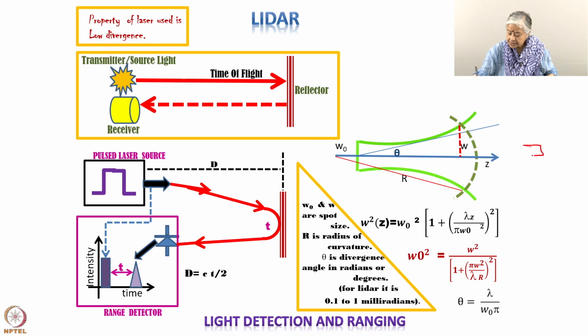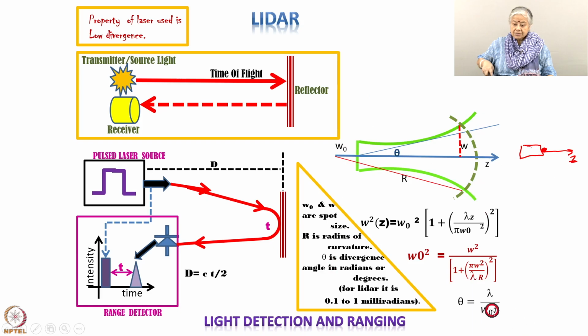So, this is my laser and I want the spot size at this point, and then this is the z axis. So, this is W0, what I start with. Okay. So, W0 is the spot size at this point of the laser, and then it diverges out.